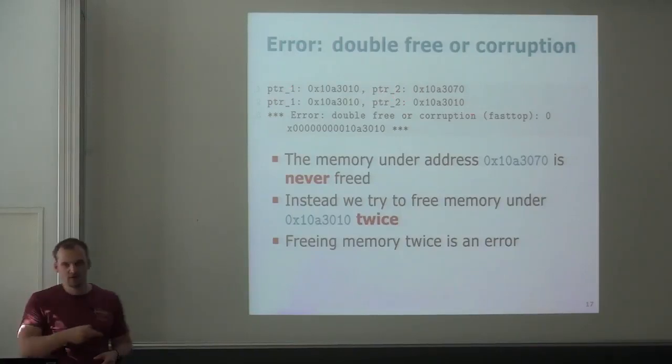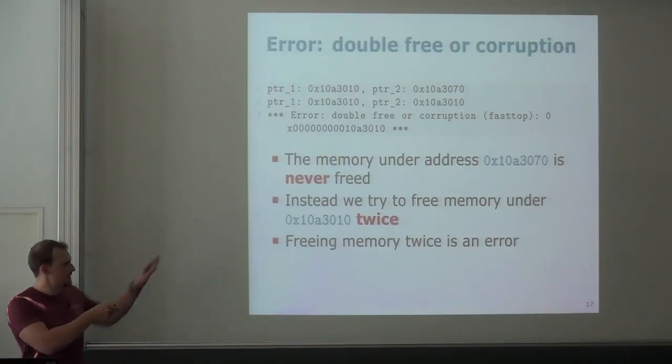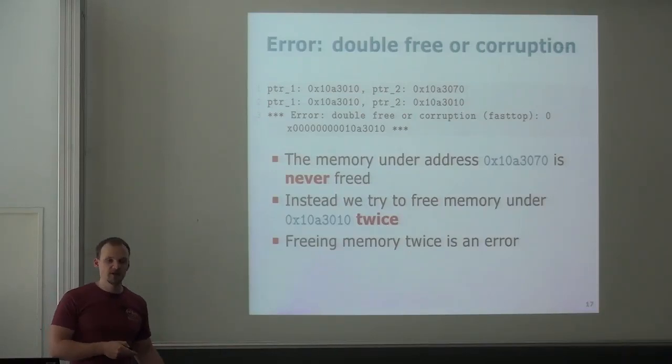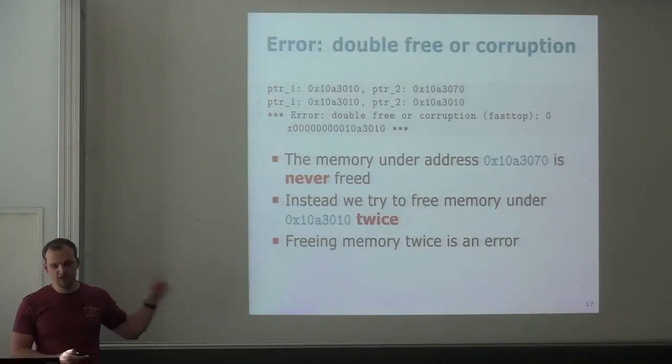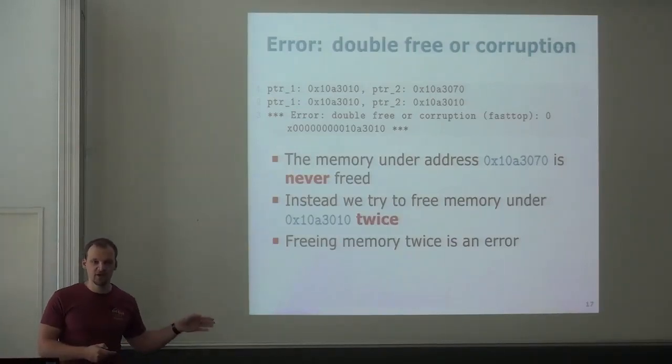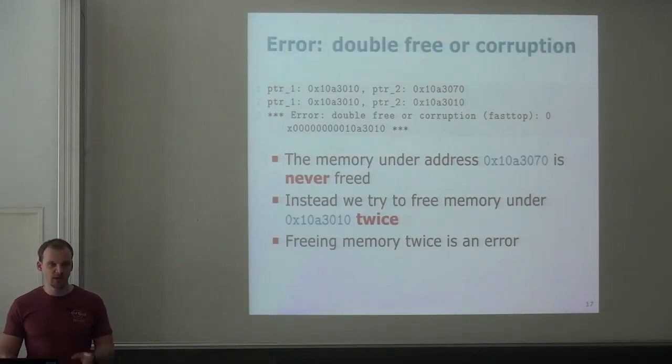And when we try to use delete twice, we see this beautiful error. There will be a lot more in the terminal. It's a huge error, and this is the top line of it. Whenever you see this scary error, double free or corruption, it means that you've tried to delete something twice.